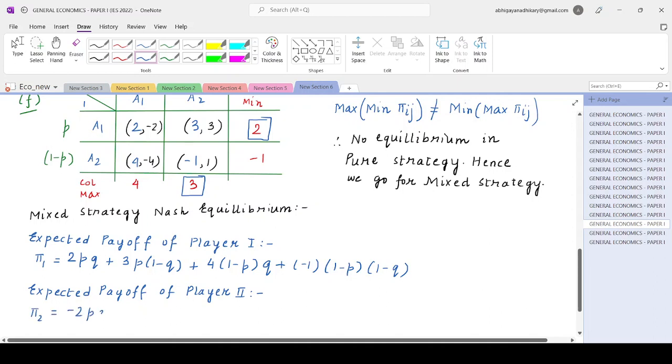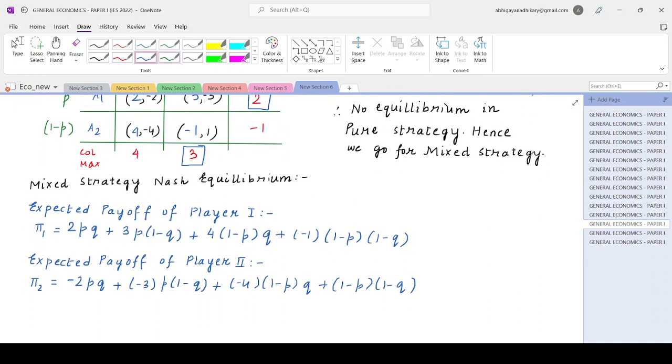It is minus 2 into p into q plus minus 3 into p times 1 minus q plus minus 4 times 1 minus p into q plus 1 times 1 minus p into 1 minus q. Now what does player 1 do? He chooses p to maximize pi 1.